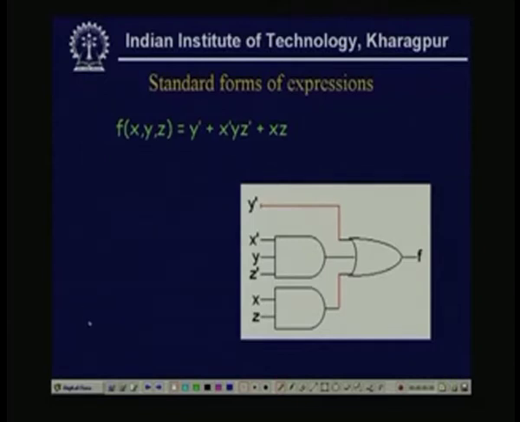If I think that in the 0th level it is y dash, then x dash y z dash, and x z. So, in the first level it is AND.